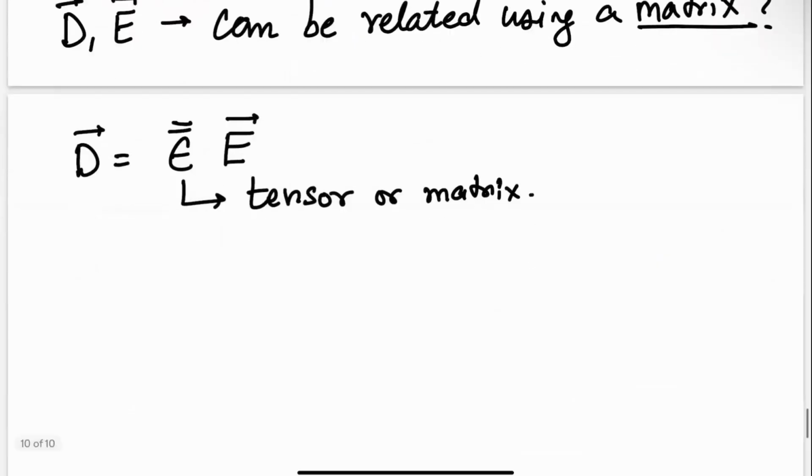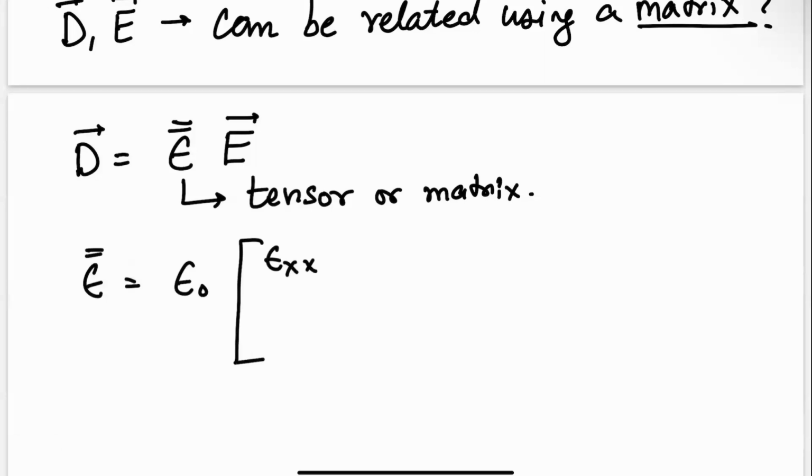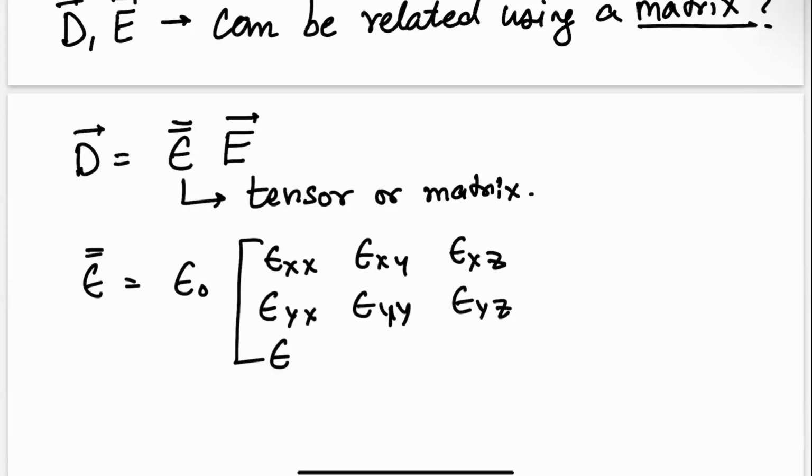Okay, so this epsilon matrix can be written as epsilon naught times xx, xy, xz, yx, yy, yz, zx, zy, zz. There are obviously 9 components to this matrix because the D and E fields are three-dimensional vectors.